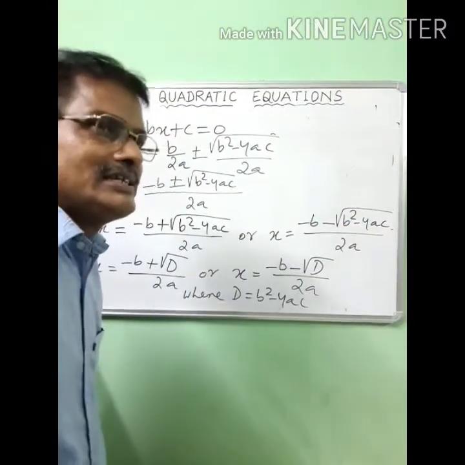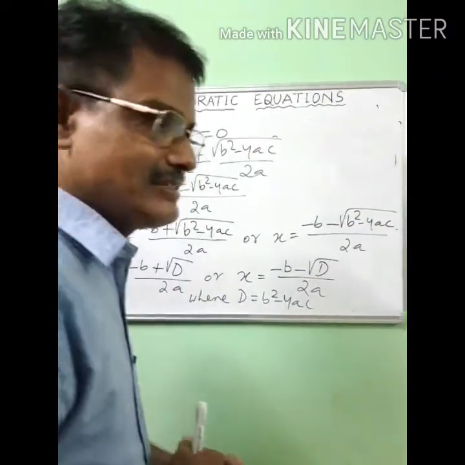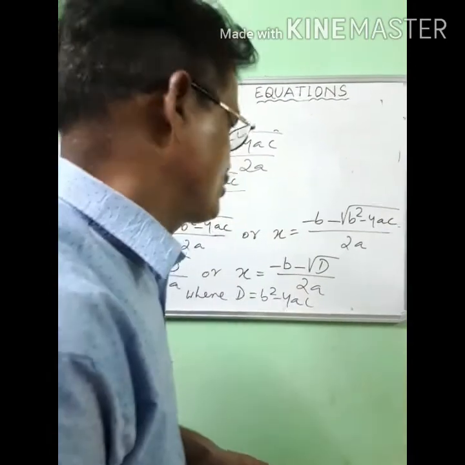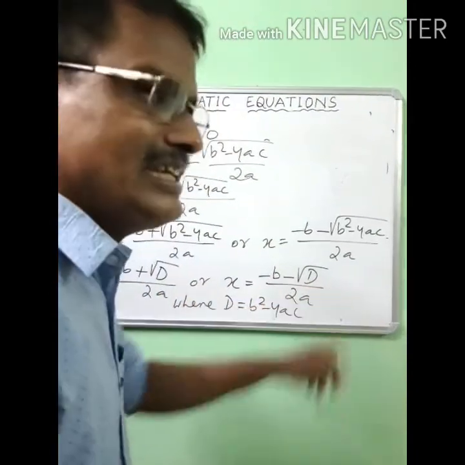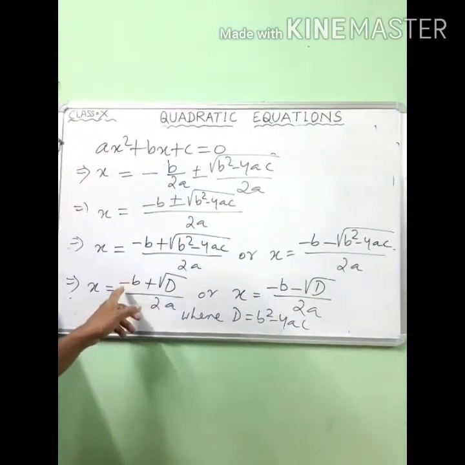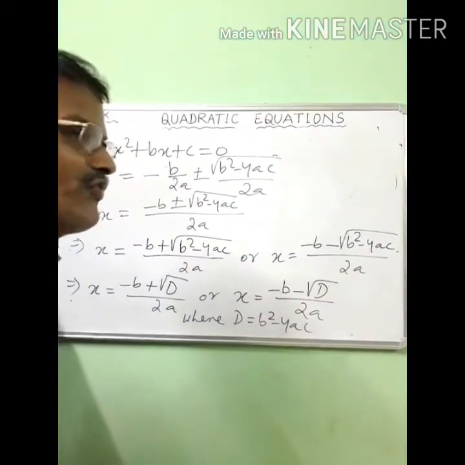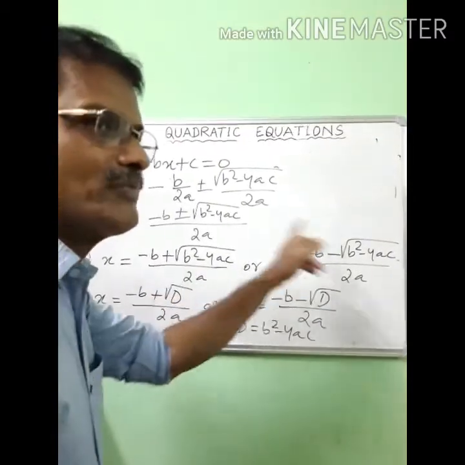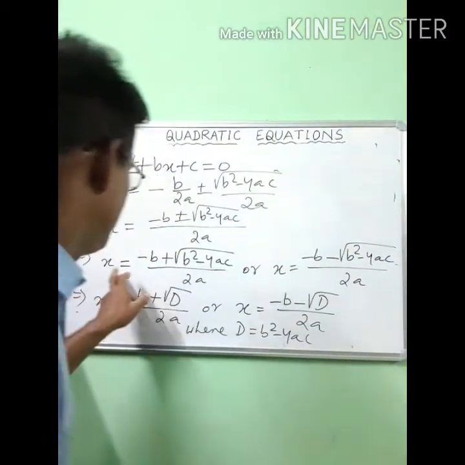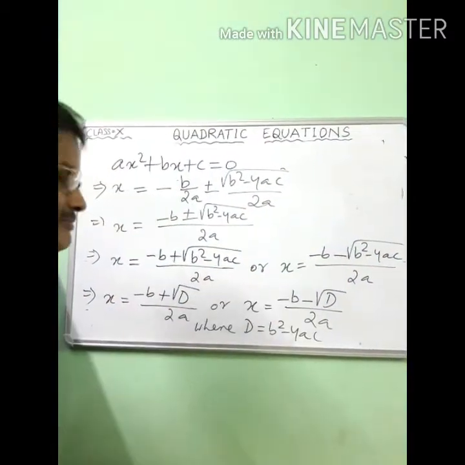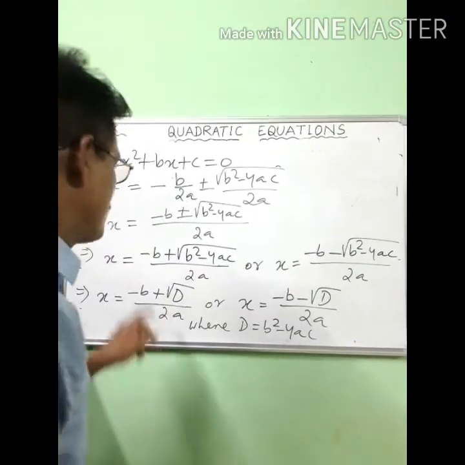D is called the discriminant of a quadratic equation. So these are the two formulas to find the two roots of a quadratic equation.